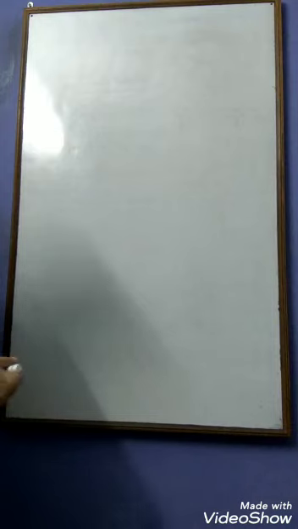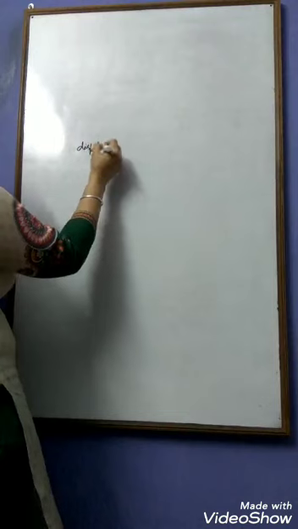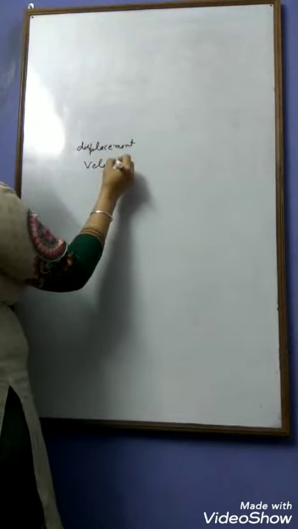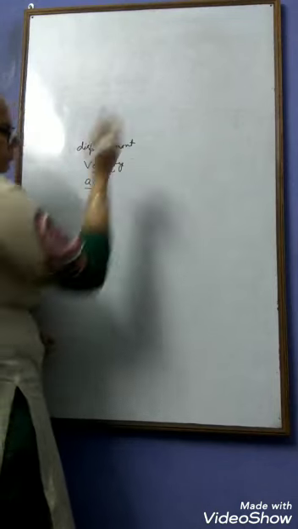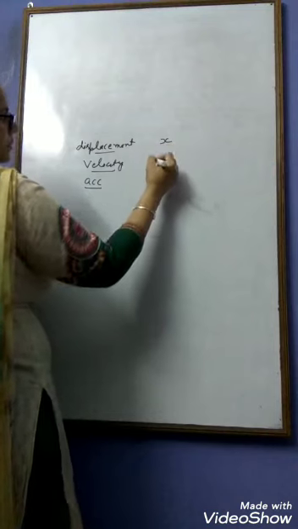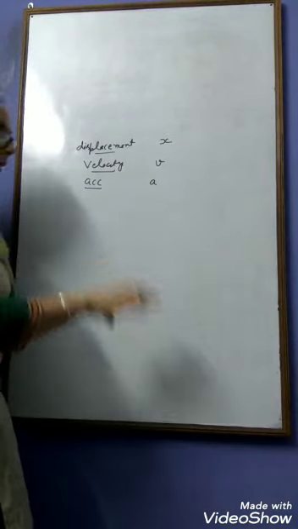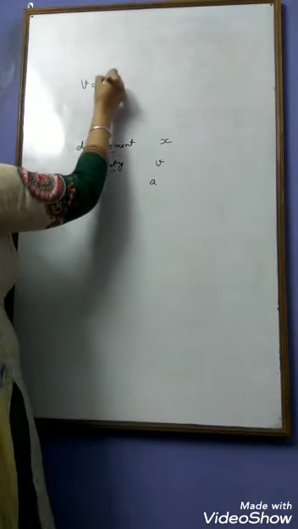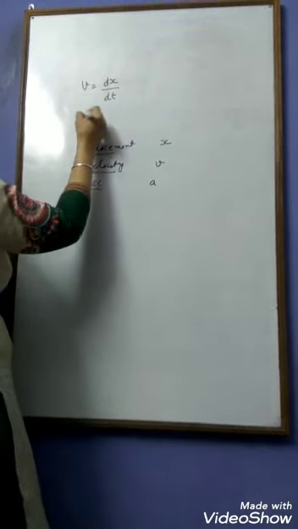And to describe the motion, we need displacement, we need velocity, we need acceleration. Now these terms, say the displacement x, velocity v, acceleration a. And in mathematical calculus form, velocity is a derivative of distance with time.